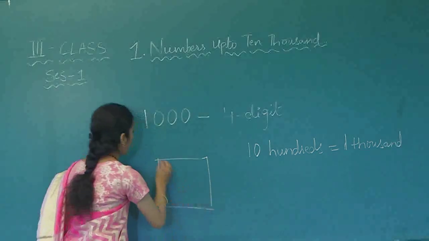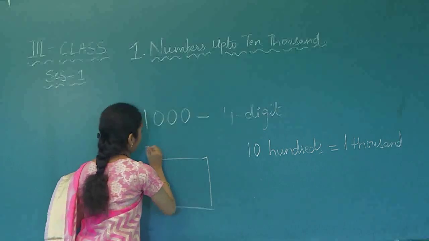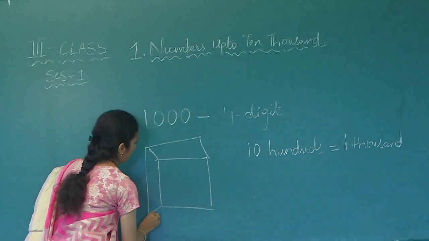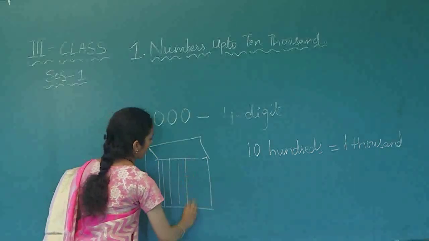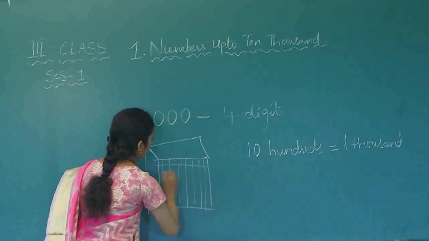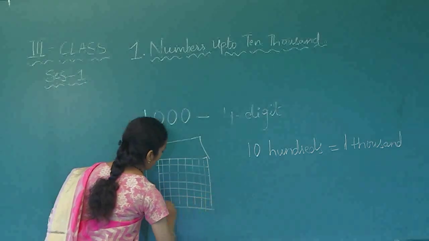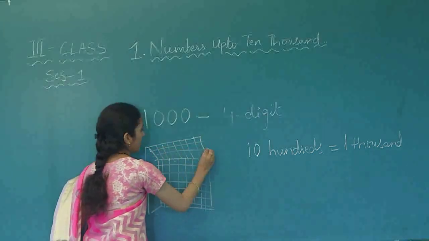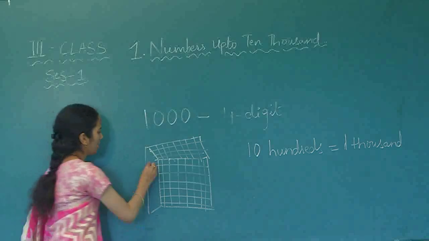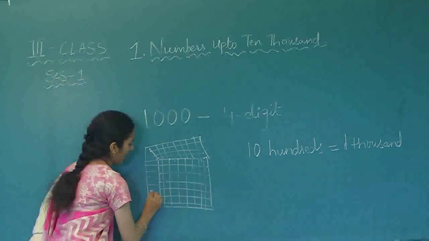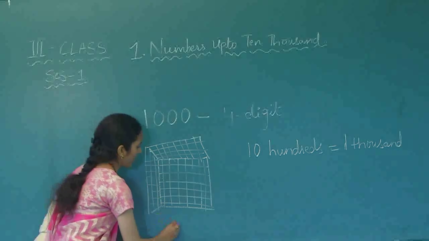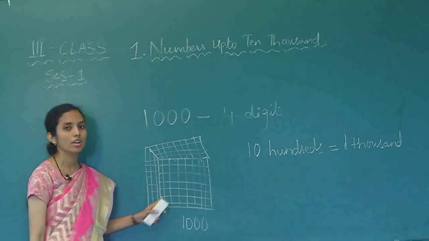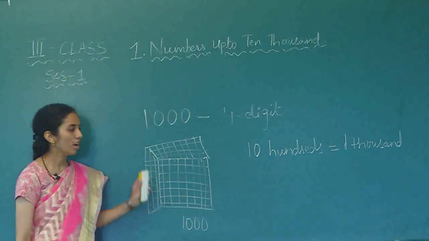So children, always remember, when you see a square of boxes, that means it is representing 100. And when you see a box-like structure like this, which looks like a cuboid, then it means it is indicating 1000. So whenever we see a structure like this, we have to remember that it is showing us 1000.